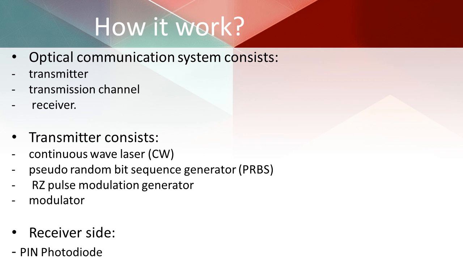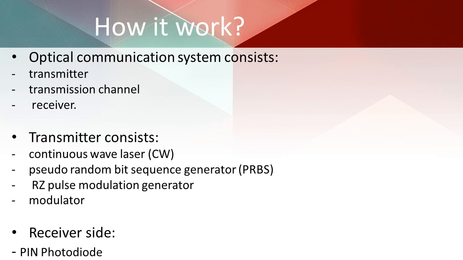Okay, now I will continue with how the simulation works. Firstly, as we know, the optical communication system consists of a transmitter, transmission channel, and receiver. The transmitter consists of a continuous wave laser, CW, pseudo-random bit sequence generator, PRBS, return-to-zero pulse generator, and modulator.